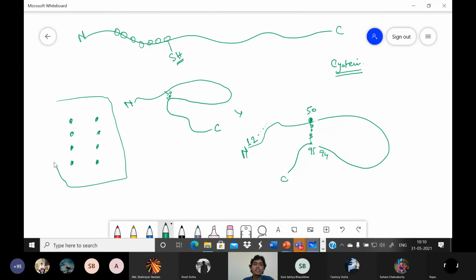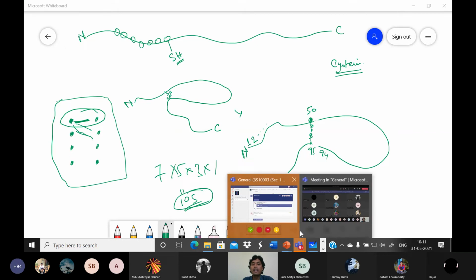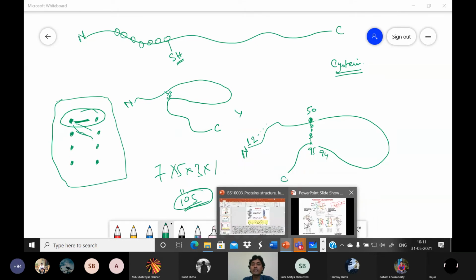If you take them one by one, the first cysteine residue has the option to interact with 7 different combinations. Then, after trial and error, a disulfide bond forms from here. Then for another one you have 5 options, 1, 2, 3, 4, 5. So 7 into 5 into 3 into 1, 105 different conformations, right?